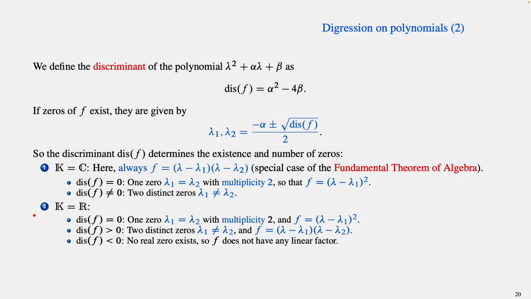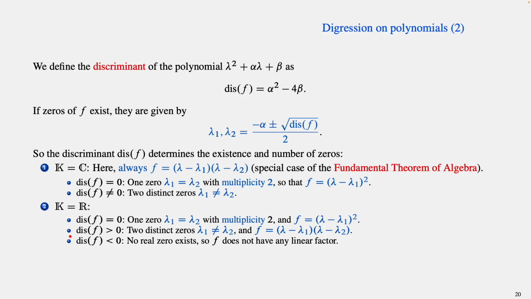In the real numbers, we have actually three cases to distinguish. The first is similar to the complex numbers. Here we have discriminant 0, lambda 1 equal to lambda 2 with multiplicity 2. And in this case, f is equal to lambda minus lambda 1 squared. And for the real numbers, we can't just distinguish between discriminant 0 and non-zero, but we actually have to distinguish between 0, larger than 0, or less than 0.